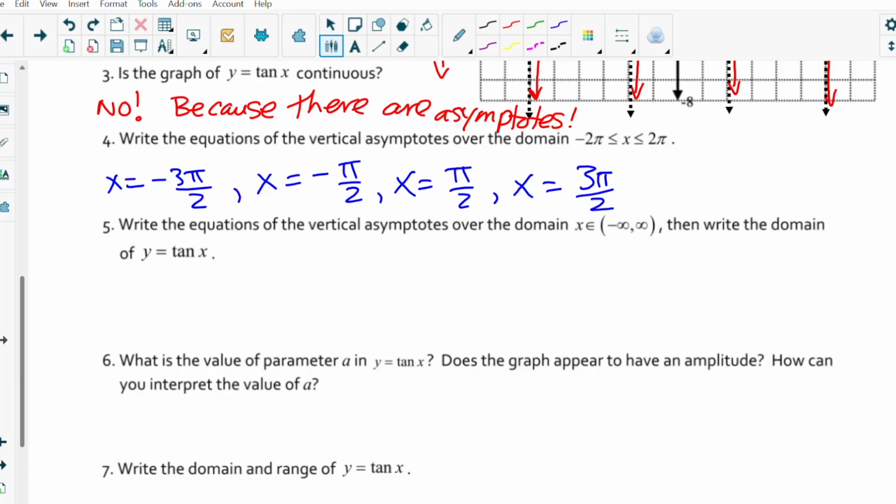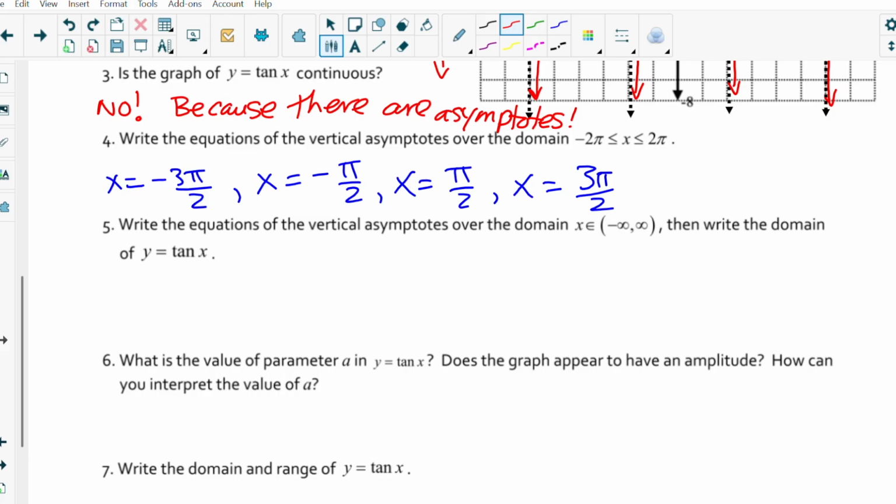Write the equations of the vertical asymptotes over the domain, then write the domain of y equals tangent of x. Okay, I'm going to think of this like when we did coterminal angles, how often they varied. Coterminal angles had different versions every 360 degrees.